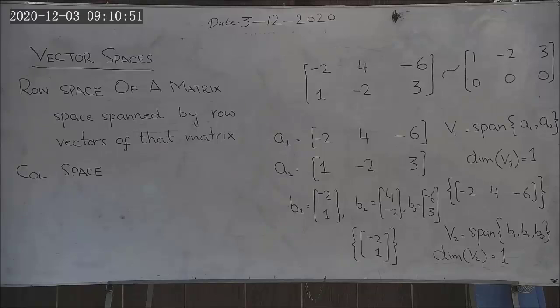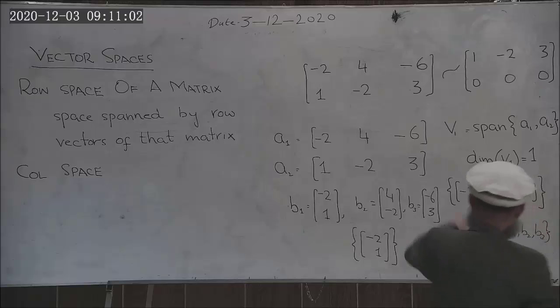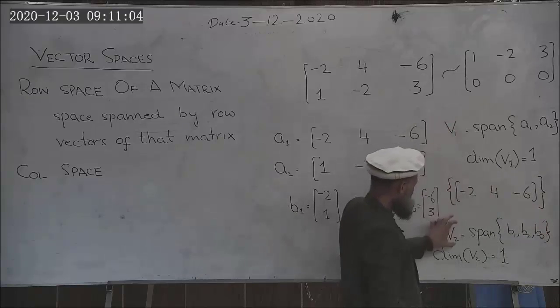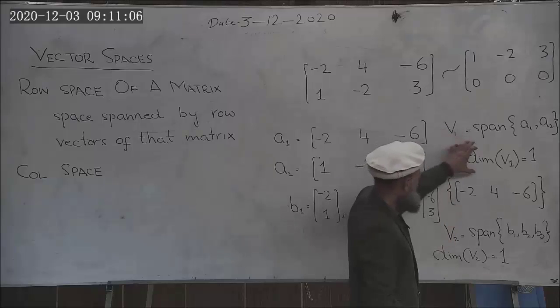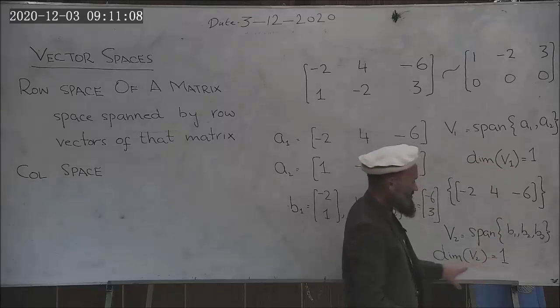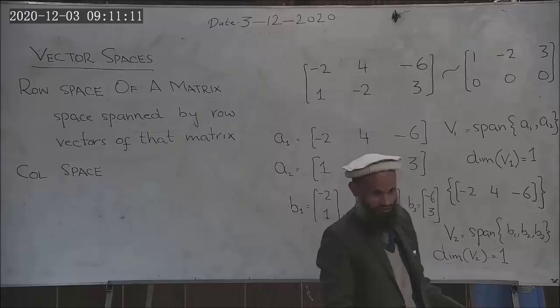So although the dimensions of row space and column space are always the same, these two spaces are different. This space V1 is different from V2. The dimension of V1 is always equal to the dimension of V2.